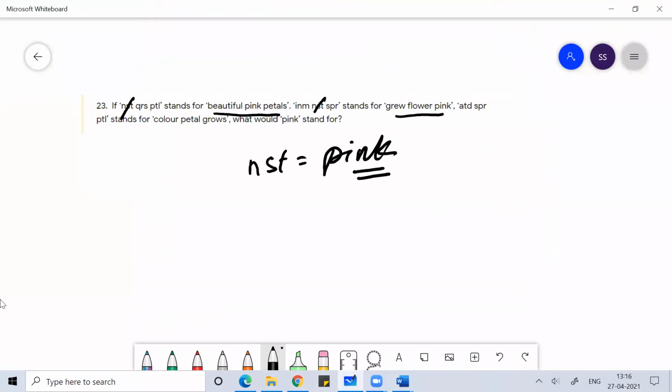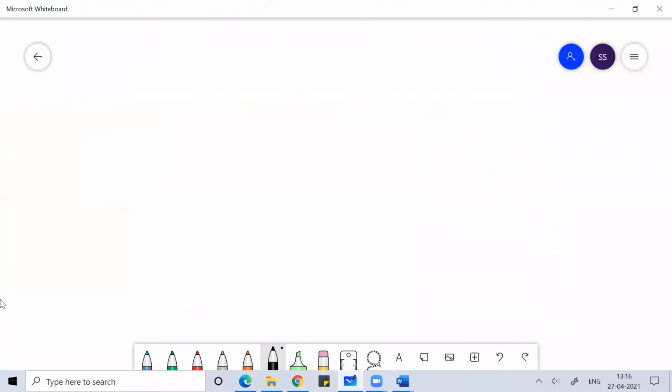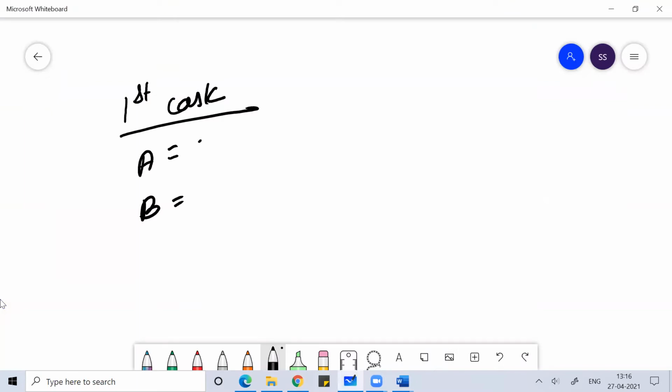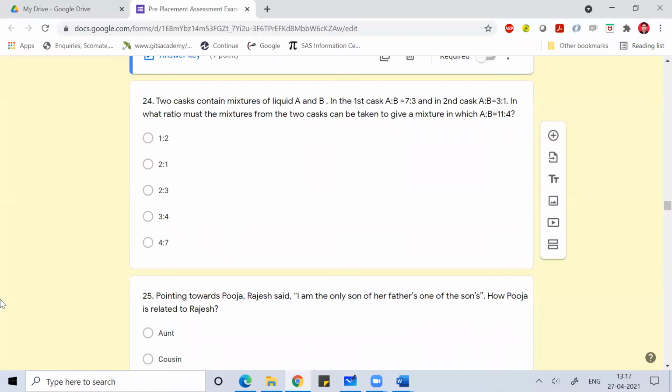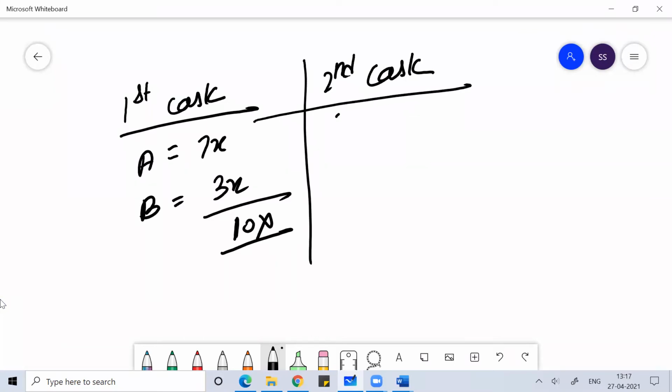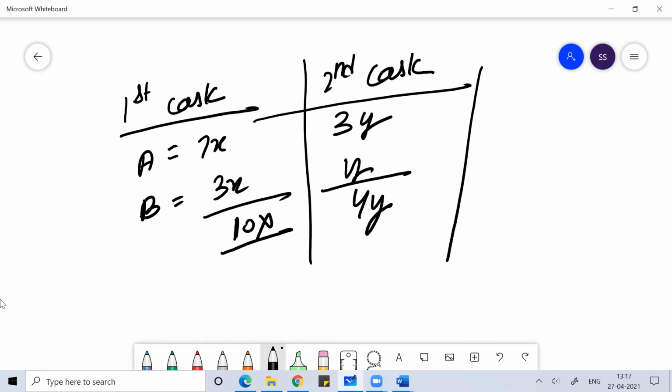So if this is 7x, this will be 3x, and the total will be 10x. In the second cache, the ratio of A is to B is 3 is to 1. If this is 3y, then this is y, and the total is 4y.